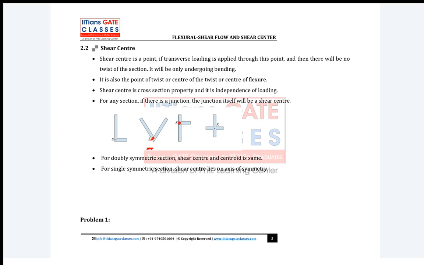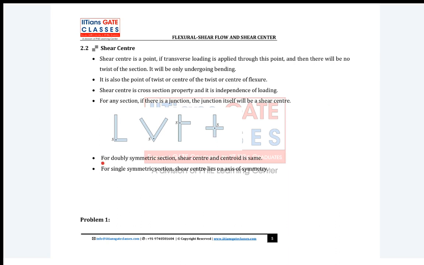If you see this cross section, this will be the shear center. We will see why this is the shear center when we discuss the shear center calculation part. So whenever there is a junction point, that point itself will be the shear center.